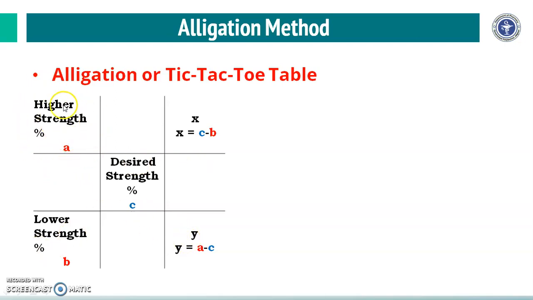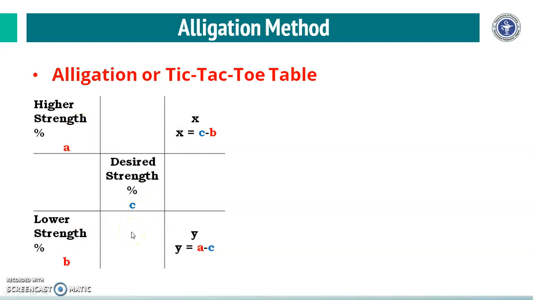Here you can write the higher strength, and at the bottom left you have to write the lower strength, and whatever the desired strength is, it should be written in the middle part. So if the higher strength is A, the lower strength is B, and the desired intermediate strength is C, then we can calculate how this higher strength and lower strength can be mixed.